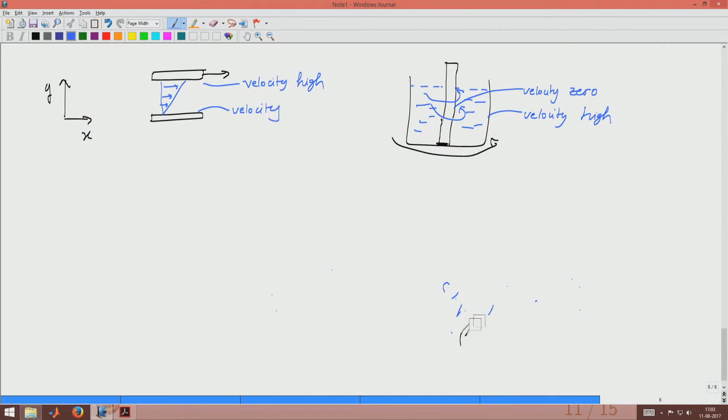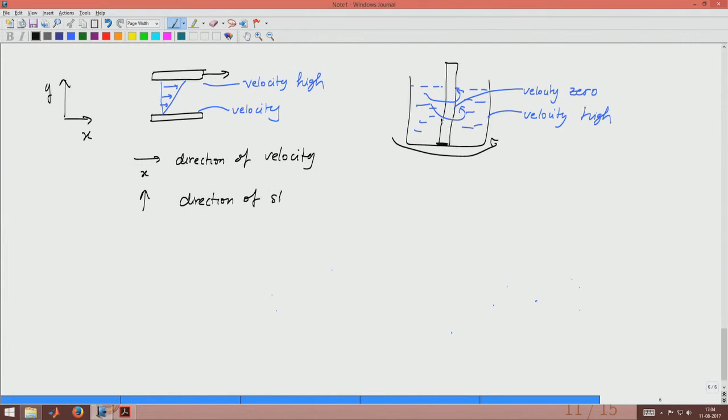So, in both of these situations what we can see is there is a direction of the velocity and then there is a direction of shear. So, in this case for example, what we have is x is the direction of velocity, but if I go in y direction then the velocity changes.